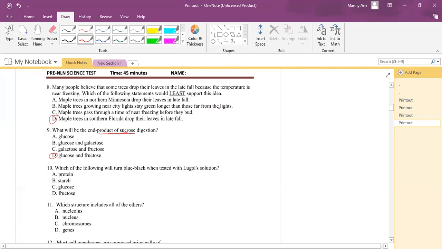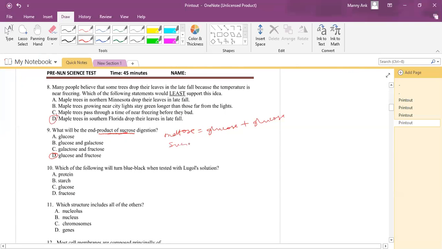Just a quick review of the disaccharides: maltose is made up of glucose and glucose, so 2 glucose molecules form maltose.